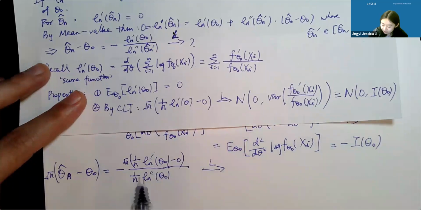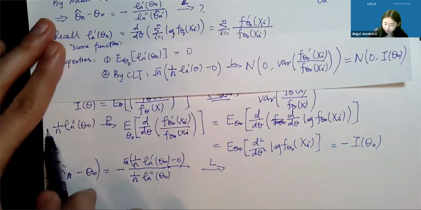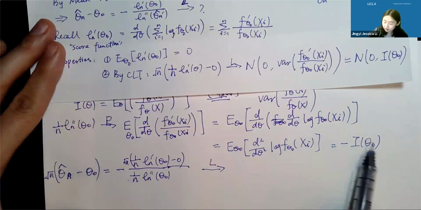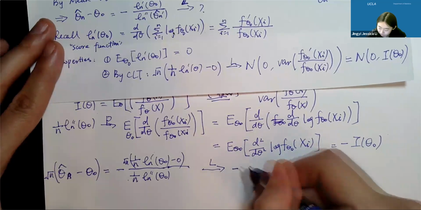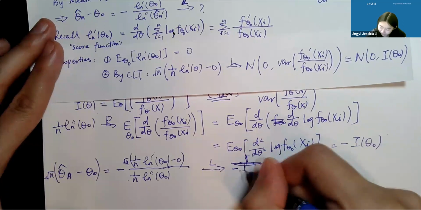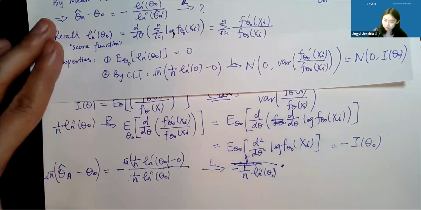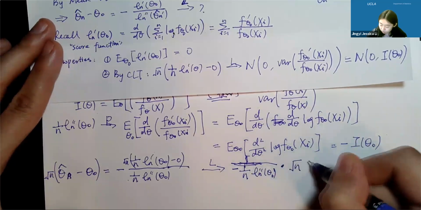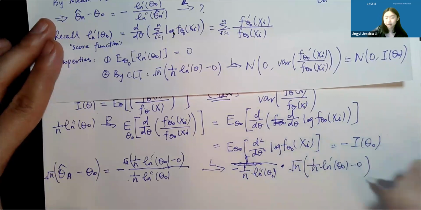For the denominator, if I put a negative sign, it converges to the Fisher information in probability. So I can write it as negative 1 over n, this, times the term with the asymptotic distribution.